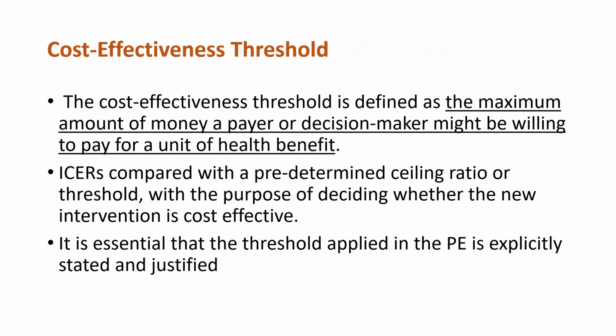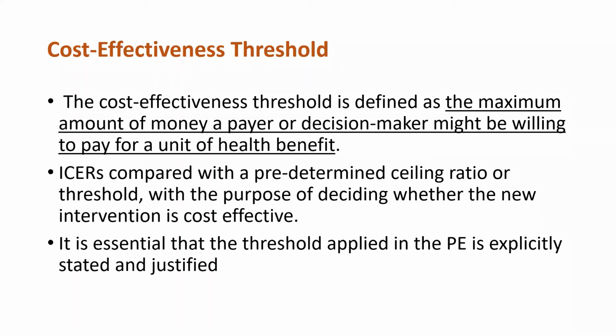Then also the cost effectiveness threshold should be clearly defined and justified. And usually most studies will not include a cost effectiveness threshold. Why? Because a lot of countries don't have a cost effectiveness threshold that is agreed upon at national level.